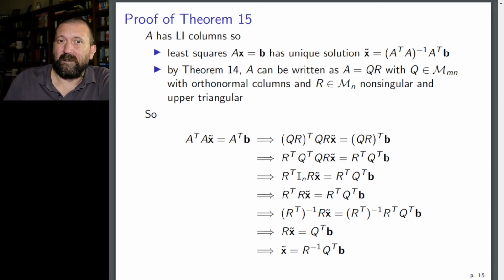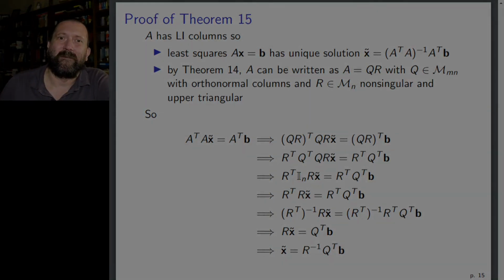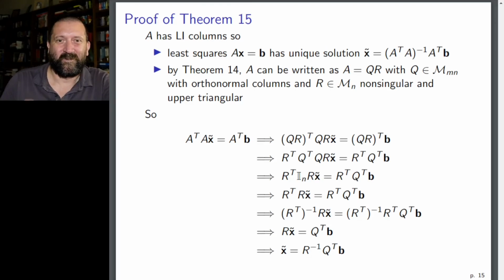Now, if a matrix is invertible, its transpose is also invertible. I don't remember if I put it in the review slides, but this is a very classic first year result, which you probably have proved. So when I see an expression like this on both sides, I want to make it disappear. I've got an R transpose here and R transpose there. How do I make it disappear?